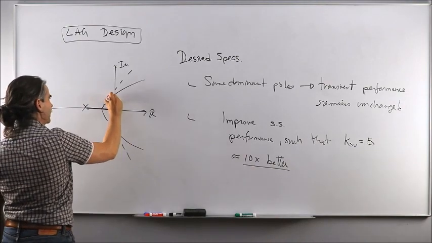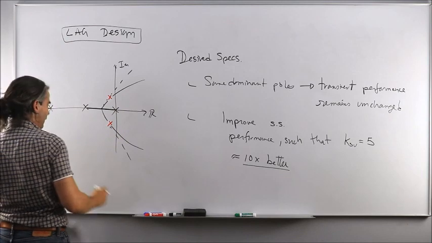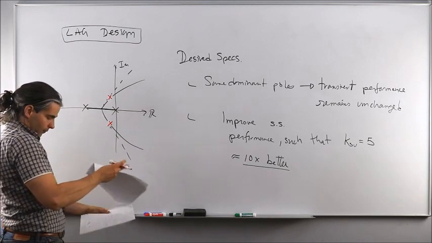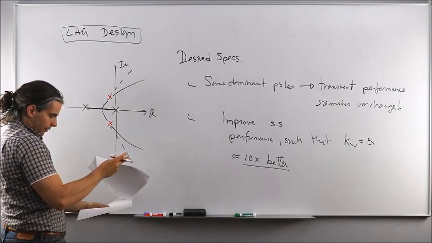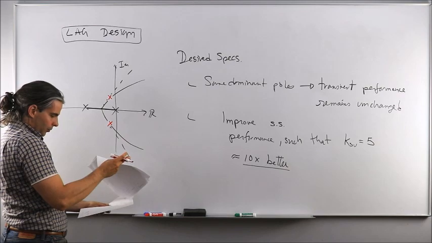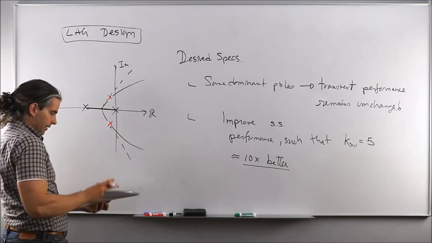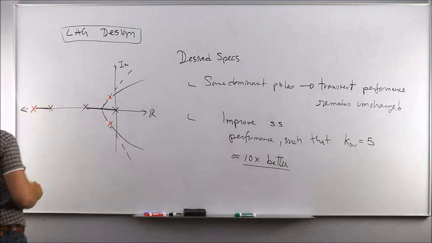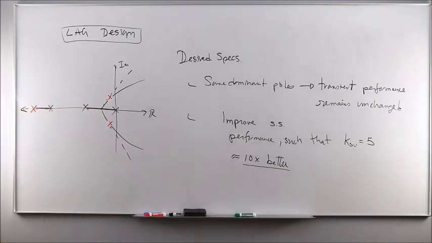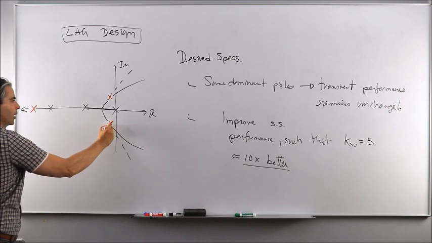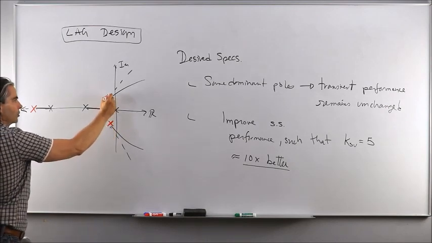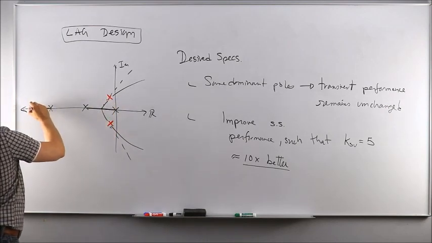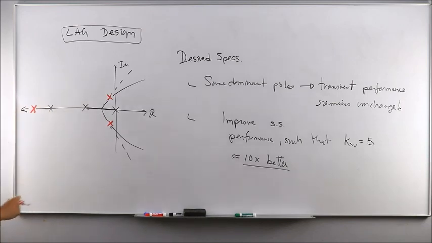Well, let's pretend that they are somewhere over here. And the real pole along the real axis was the minus 2.3386. So somewhere further to the left of this one.